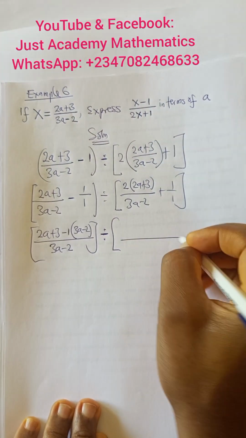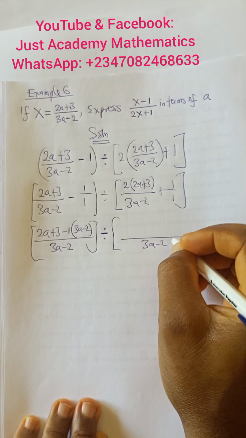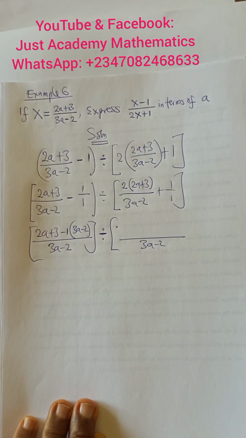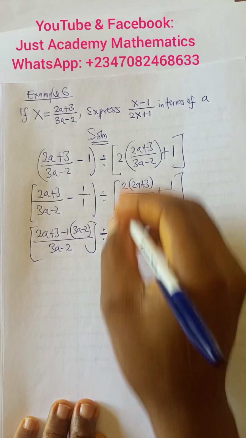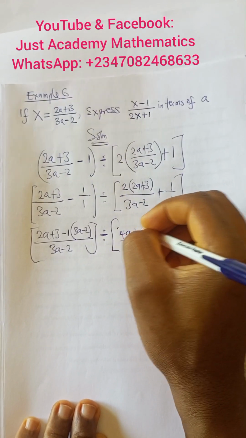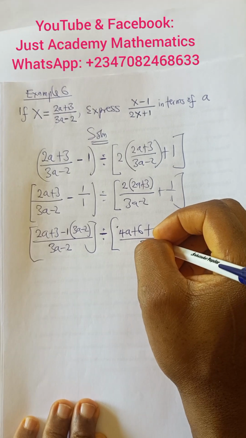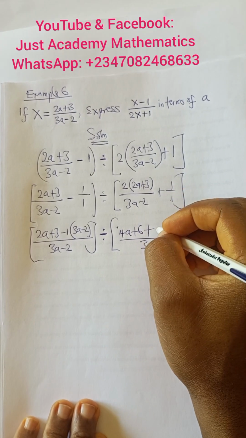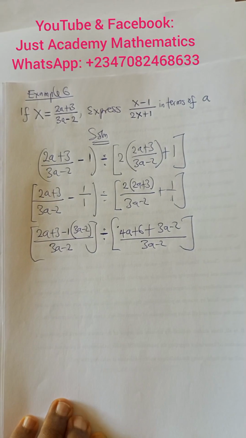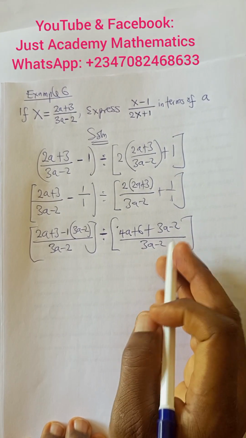Then here, the LCM is 3a minus 2, 1 times this, you have, in fact, let's just open that bracket now. This goes here, 1 times this, the same thing, that is 4a plus 6, plus this goes here, 3a minus 2. When it is minus, make sure it's in bracket.